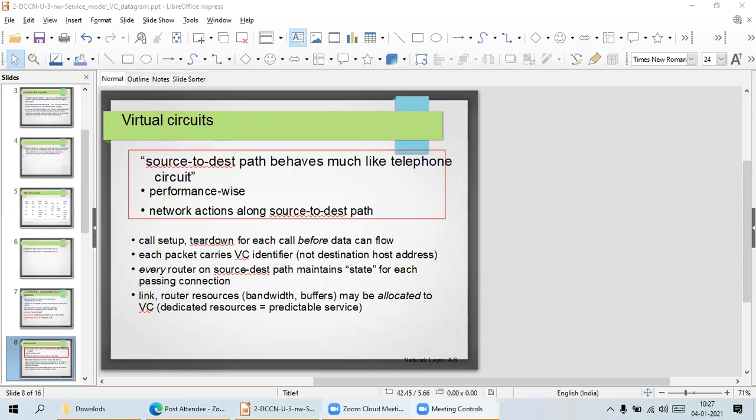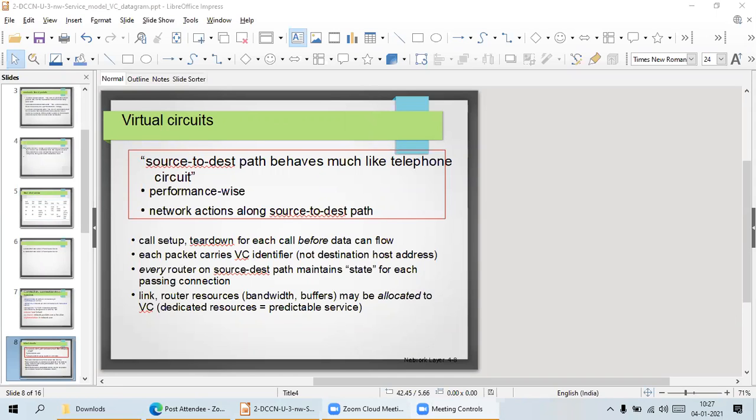Every router on the source to destination path maintains particular states. From here I have to connect to my Hyderabad Narayanguda tower. From there to some other Hyderabad Central Tower. From the Central Tower it connects to the Vijayawada Central Tower, and from that center tower directly to the receiver's host.